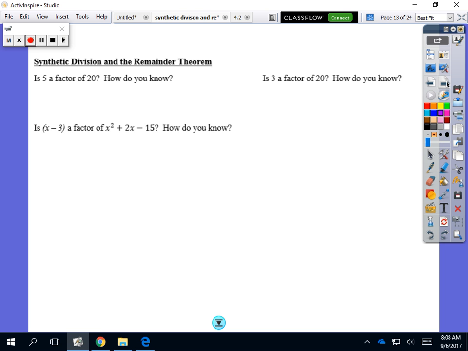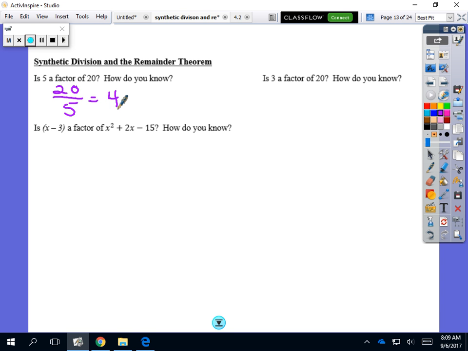Okay, so we talk about factors. Factors are numbers, or letters, or a combination of numbers and letters that multiply to equal something else. So to find the factors of something, we figure out, okay, if 5 times something equals 20, then 5 is a factor. Or we can say 20 is divisible by 5 because that equals 4. Either way, we know it's a factor of 20.